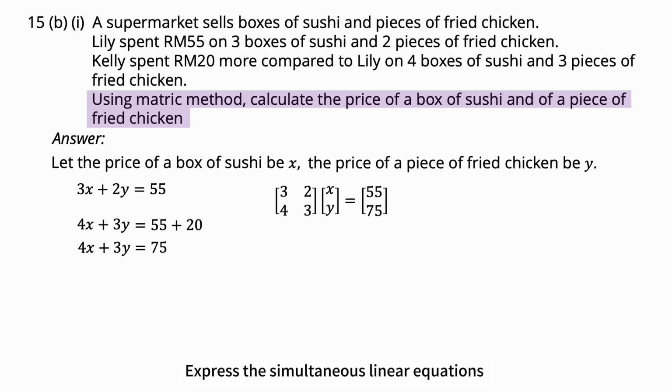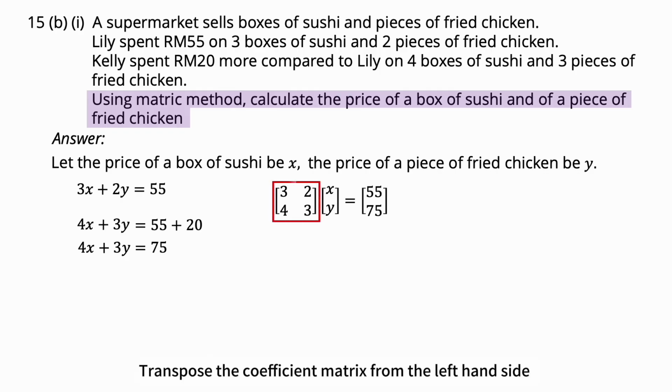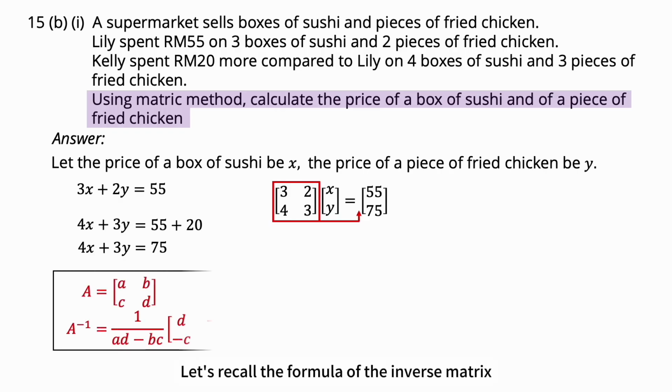Express the simultaneous linear equations as a matrix equation. Transpose the coefficient matrix from the left-hand side to the right-hand side, in front of the constant matrix, and convert it to inverse matrix. Let's recall the formula of the inverse matrix.